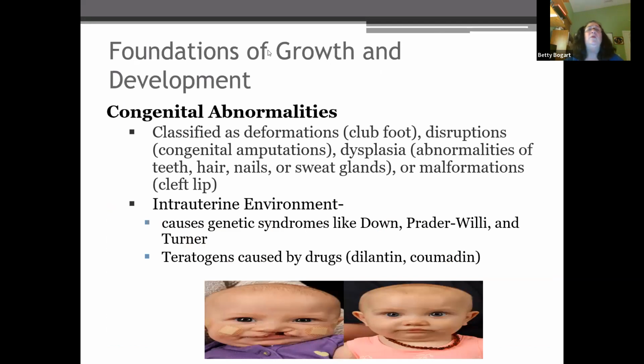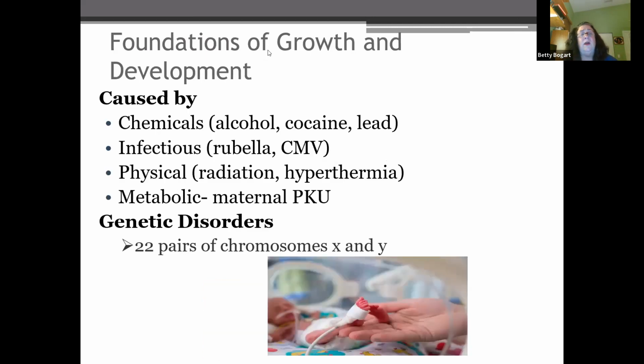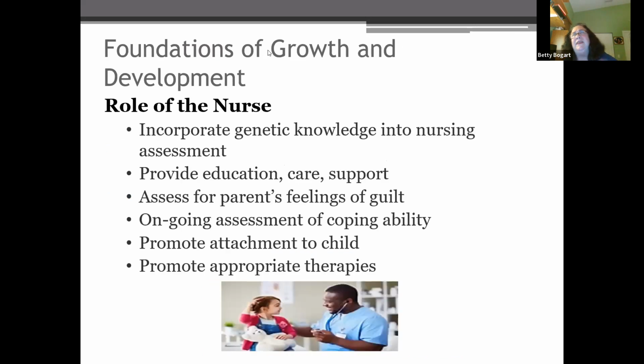Children can be born with all sorts of abnormalities, whether it's club feet or cleft lips. It could be due to many different reasons. Could be some genetics going on, could be chemicals, alcohol, drugs, all things. So there are things that can cause children to have some issues at birth.